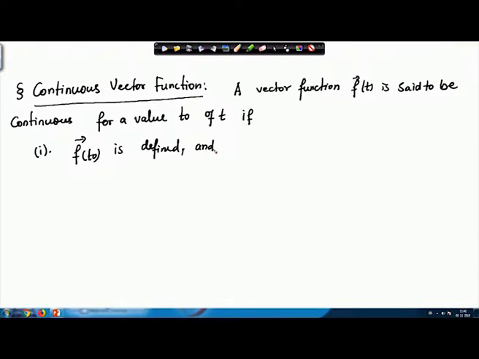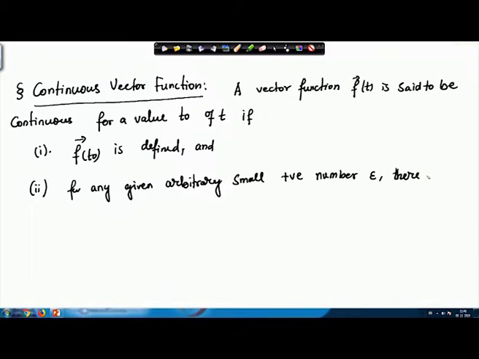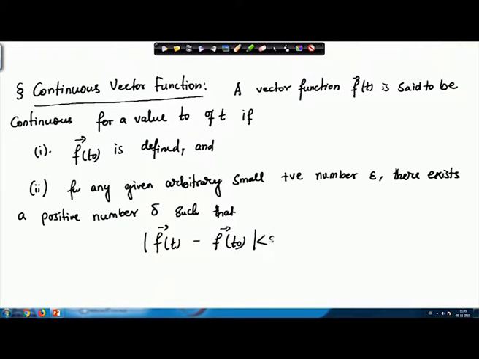and for any given arbitrarily small positive number epsilon, there exists a positive number delta such that the norm of f t minus f t 0 is less than epsilon whenever the absolute value of t minus t 0 is less than delta.